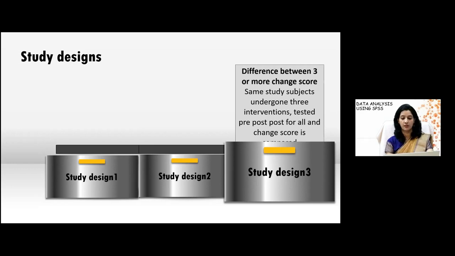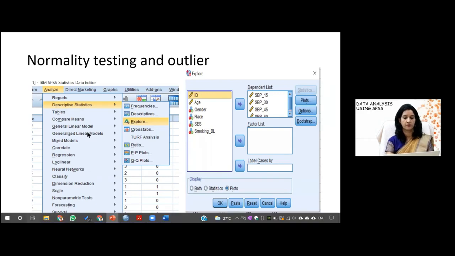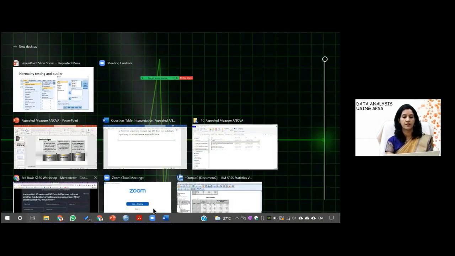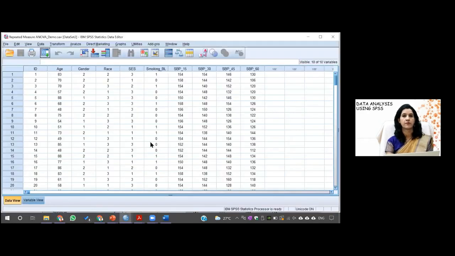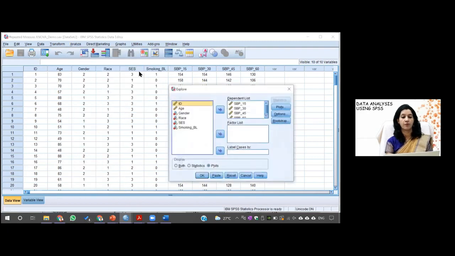So coming to the data set. If you see this, I will do the normality testing. I have showed this to you yesterday. So analyze, descriptive, explore.